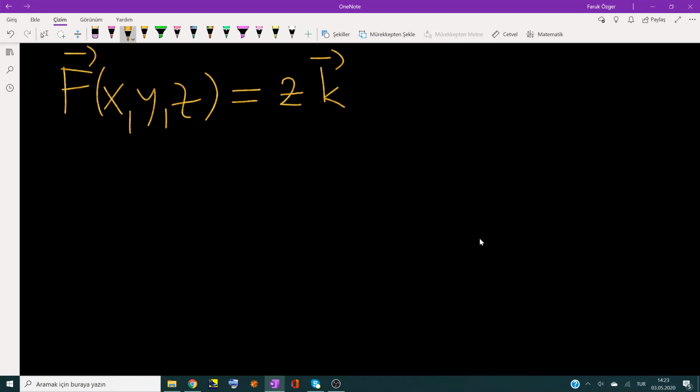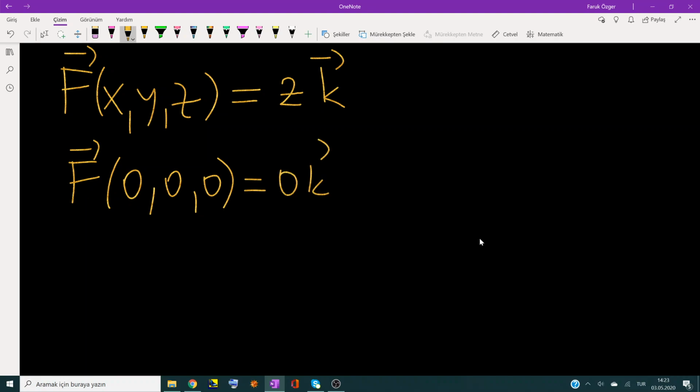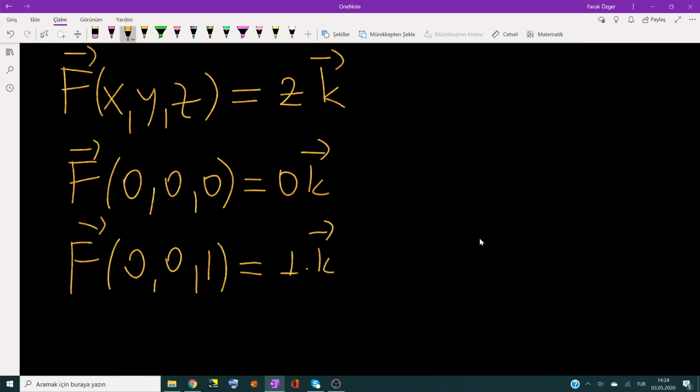So it means for each z you have a vector. Okay, for each point, what do I mean? For instance, for the point 0, 0, 0, you have this vector. For the point, for instance, 0, 0, 1, you have this vector. What does it mean?